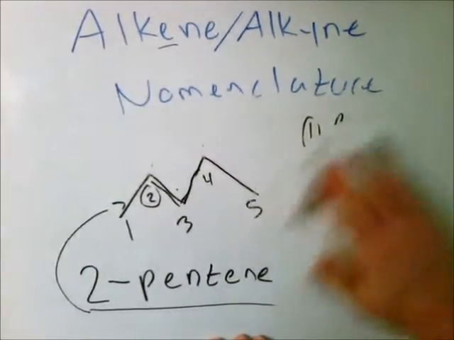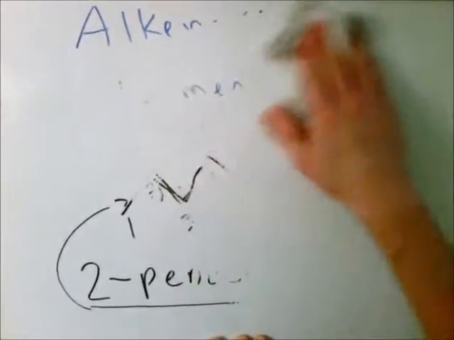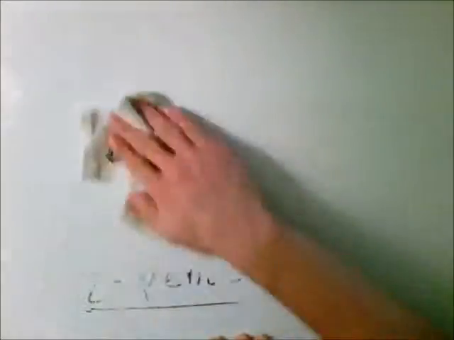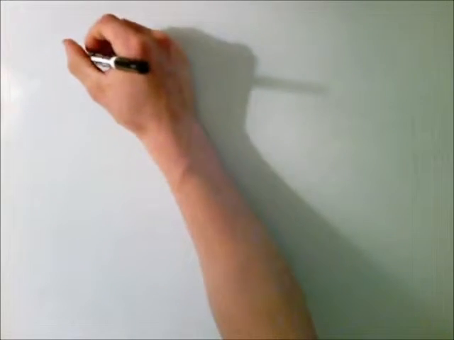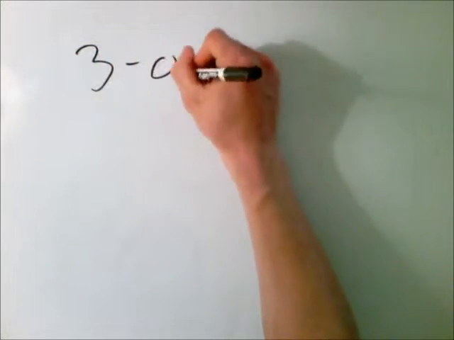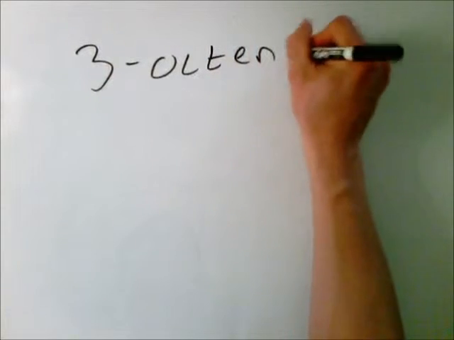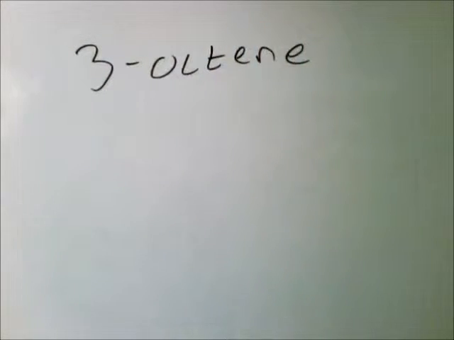Let's try it in reverse this time. Let's start with the name of the compound and draw the structure. Let's say you're given 3-octene on paper and you're told to draw the bond line structure.